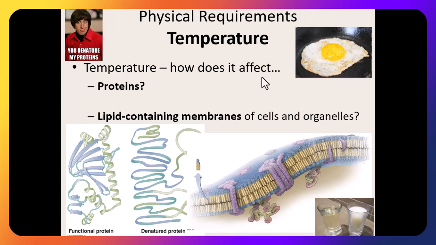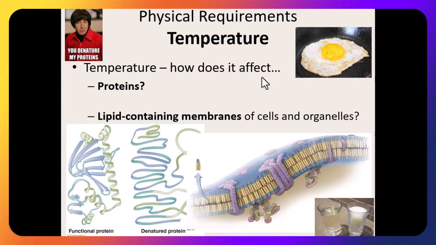Also, temperature affects lipids, like the phospholipids in their cell membrane. If you heat up a lipid, what happens to it? It melts. This means their cell membrane would melt, and that's not a great cell membrane. If you cool a lipid, like you freeze it, what happens to it? It hardens, like if you've ever tried to cut frozen butter.